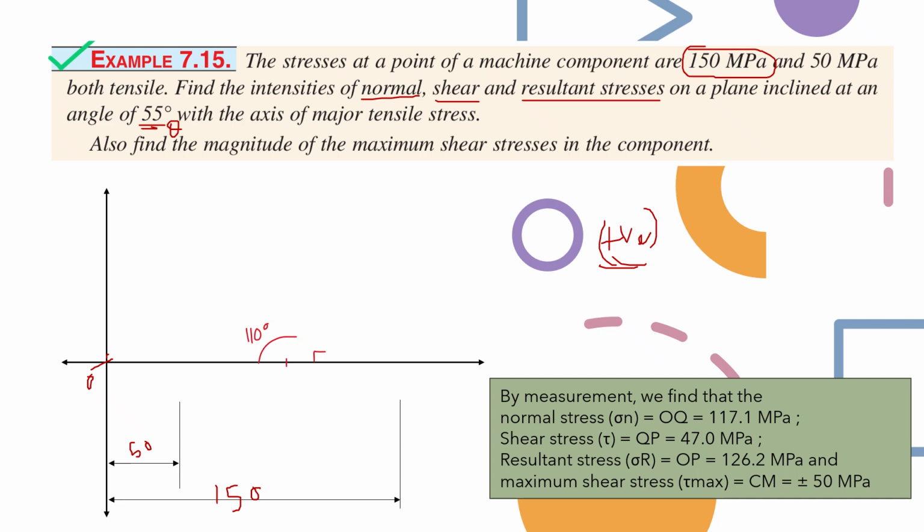So 150 minus 50 divided by 2 gives the distance from here to here, and if you want the distance from the O point to this point, we will get this point.